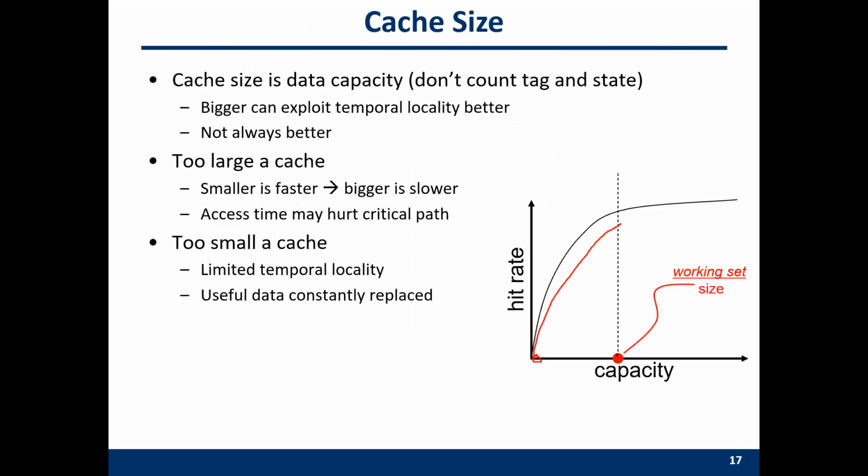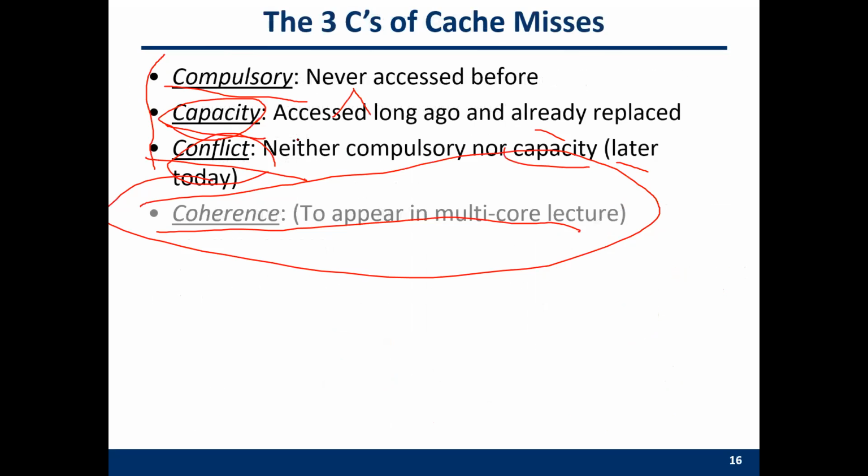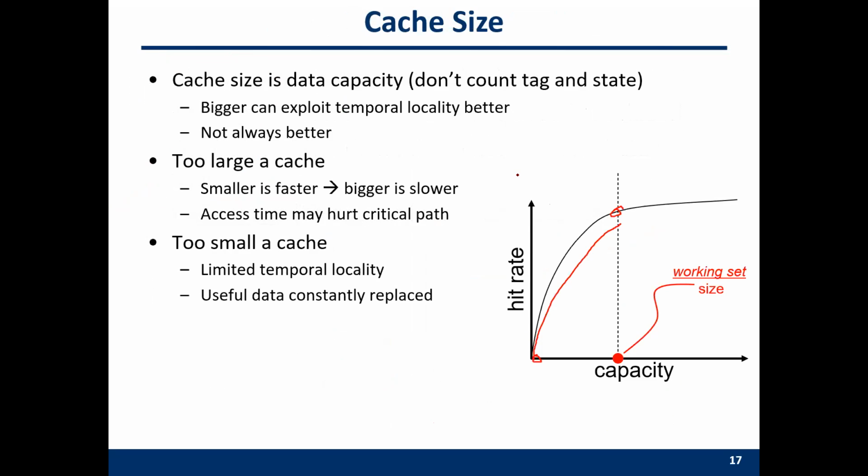But at some point, it will be saturated. We will still have the compulsory and conflict misses. We cannot solve these two types of misses by only increasing the cache capacity. Further increasing the cache capacity will not help the hit rate.